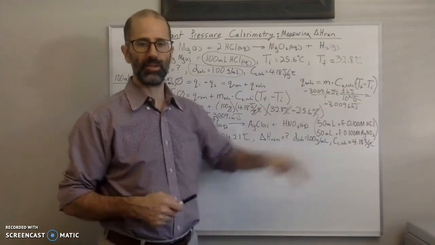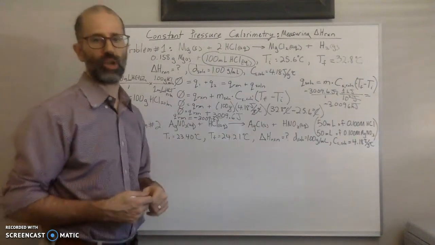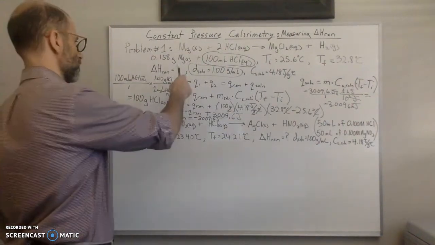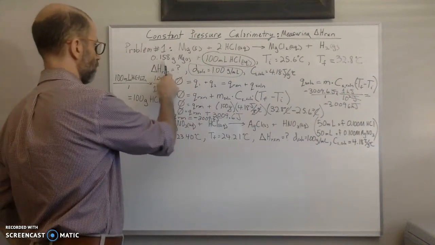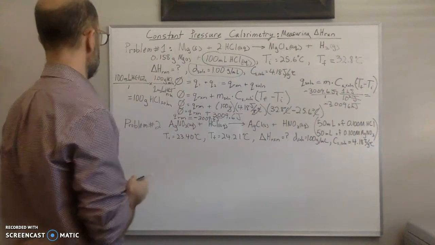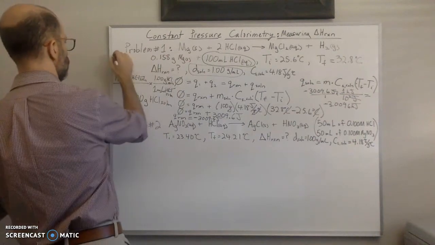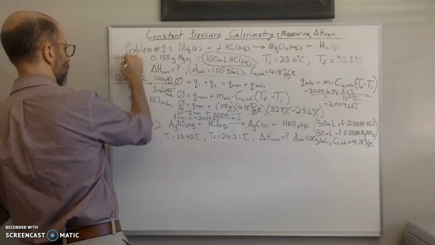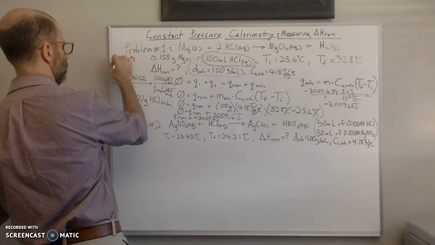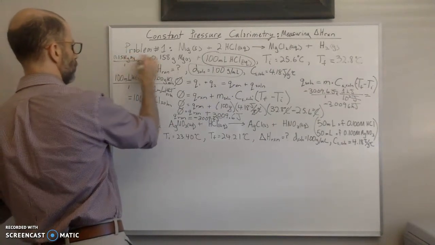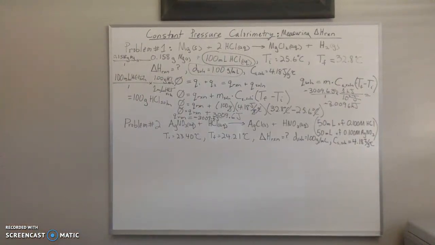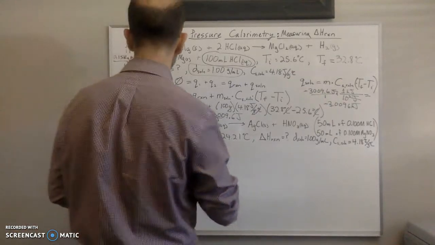The delta H, or enthalpy of a reaction, is always kilojoules per mole. So that's why they gave us the 0.158. So we're going to have to convert 0.158 grams of magnesium to moles. So we're going to use the molar mass of magnesium, which is 24.31.